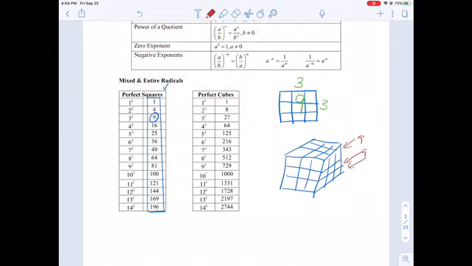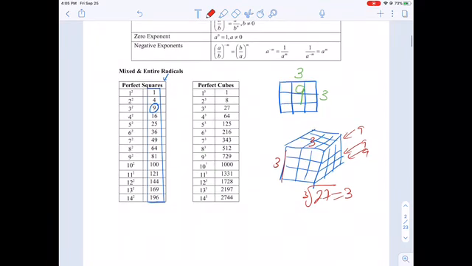There would be 9 and 9 and 9, so that's 27. And the cube root of 27 is of course 3, which means we've got 3 by 3. So when you consider the Rubik's Cube, that's the perfect cube, which is 27, okay?